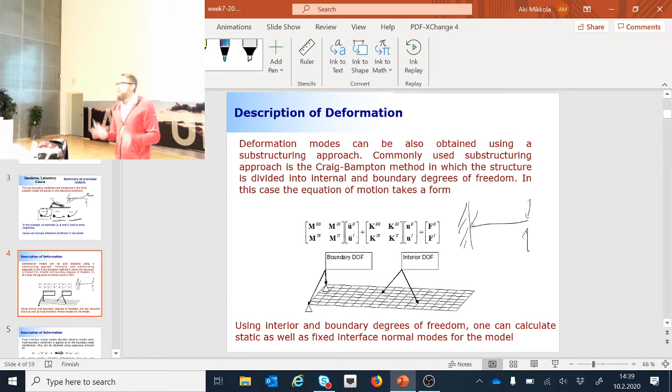Now, what are these boundary degrees of freedom? Those are the ones you're particularly interested in because of maybe a joint location or pin force location, something where you would like to see the strain distribution in detail. So those are the ones you select as boundary degrees of freedom. The rest automatically goes to the other category.